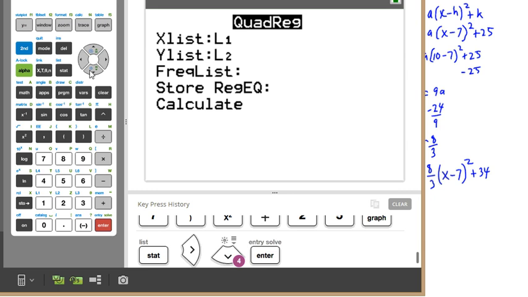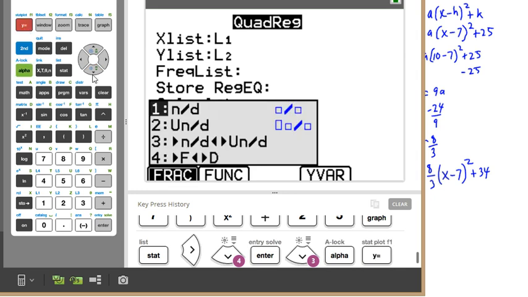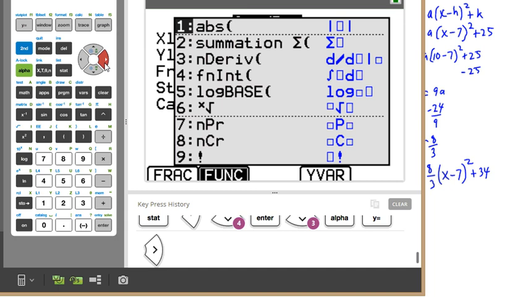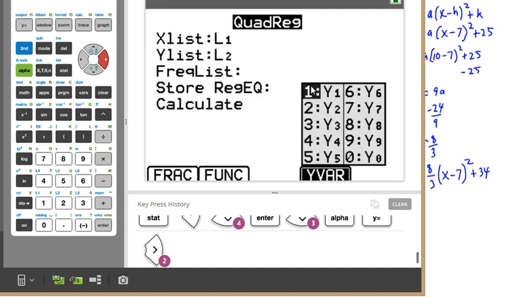And we're going to go down to this store regular equation, and we're trying to get it to calculate it and simultaneously put it in our y1. So we arrow twice to the right, and we get this y1 here, and that's going to be for equation 1.